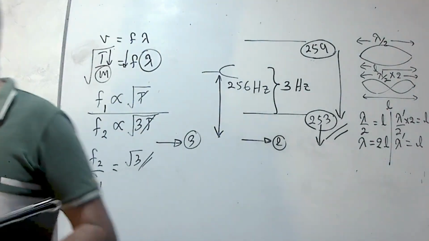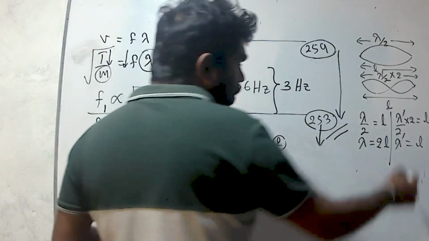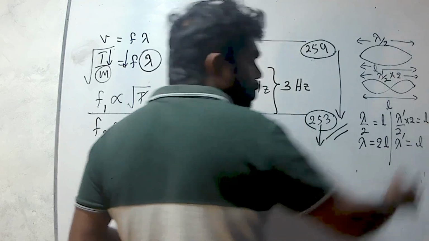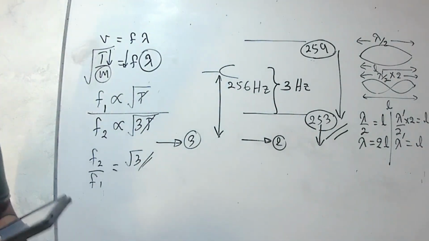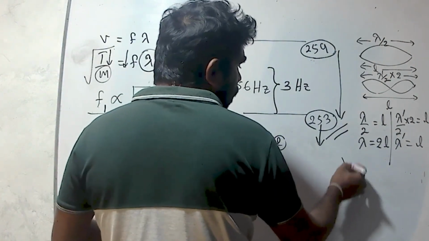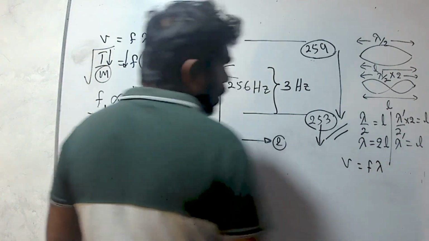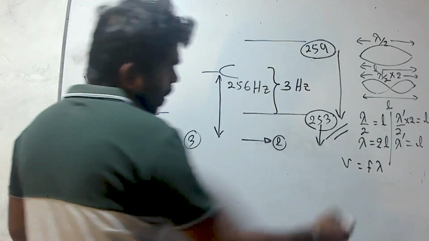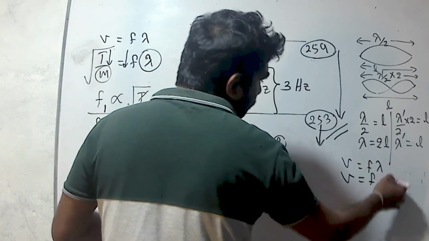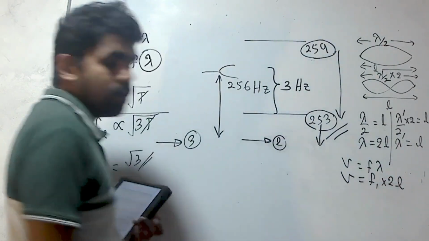Then comparing wavelengths, we know that the wavelength corresponding to the fundamental is 2 times the wavelength corresponding to the first overtone. Then we can use V equals F lambda for both situations. First situation, V equals F1 into lambda, which is 2L, fundamental.